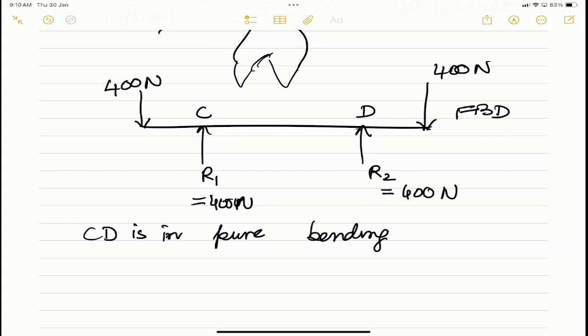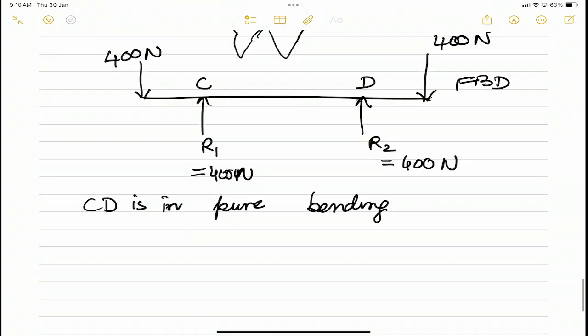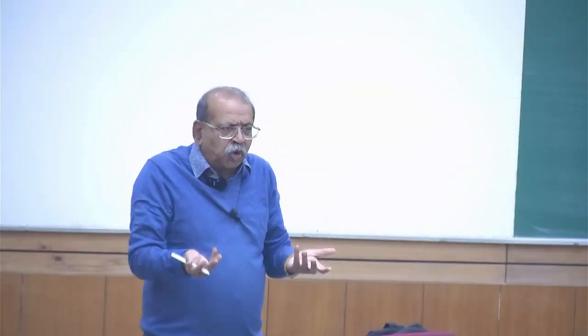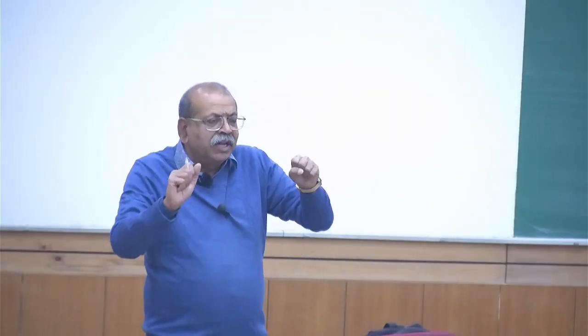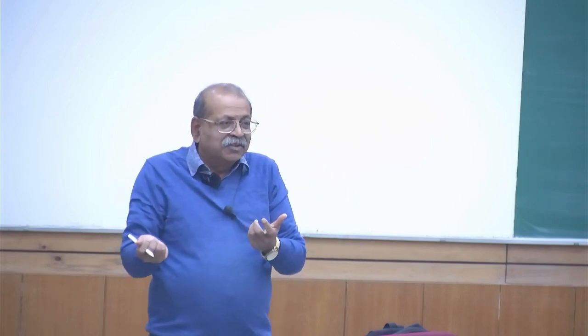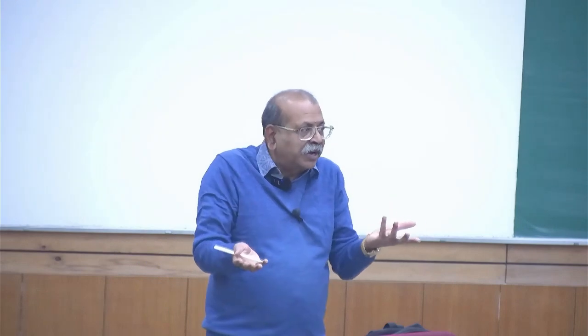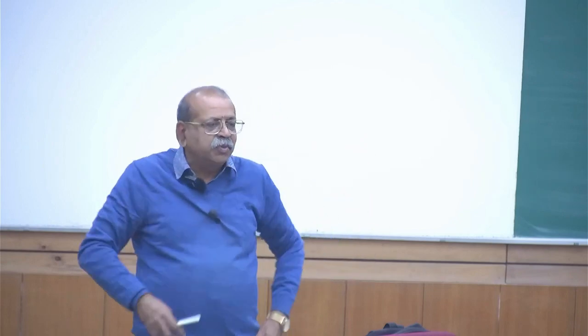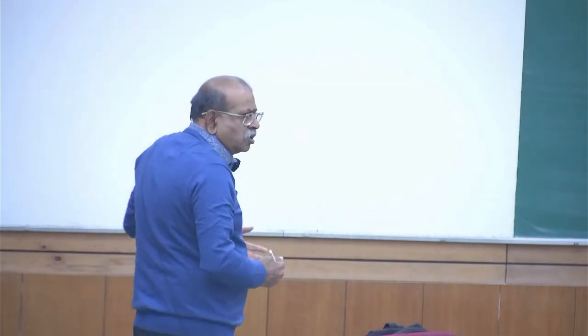So this is the geometry. Now, the reason why we analyze pure bending is that for pure bending we are able to make a simple theory, and we can relate these moments to the stresses. That is what all we are trying to do, relate forces to stresses or relate moments to stresses, because that is what eventually causes failure.